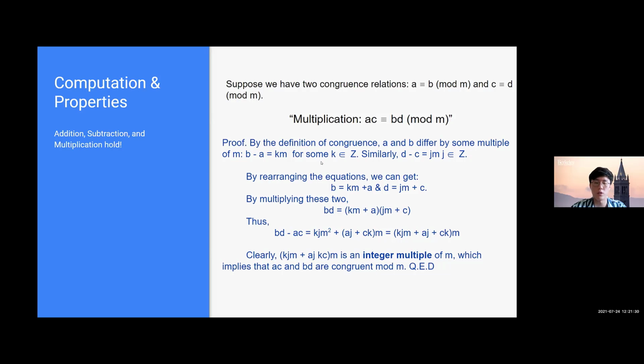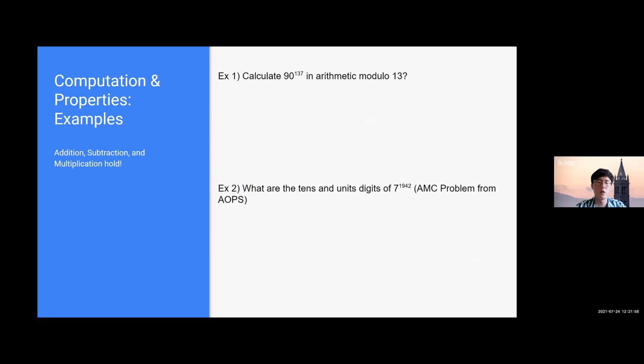If you multiply B and D and expand them, you find it is equal to an expression in M. The number in front of M, KJM plus AJ plus CK, is basically an integer because every single K, J, M, A, and C is defined as an integer. So this implies that AC and BD are congruent over mod M. So you can do the multiplication by distributing mod M over each of A, C and B, D.